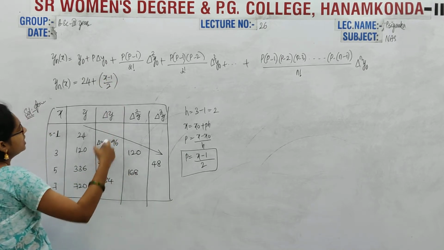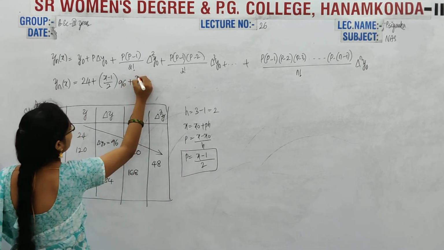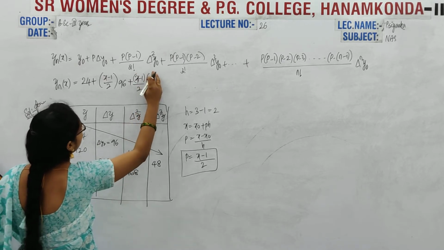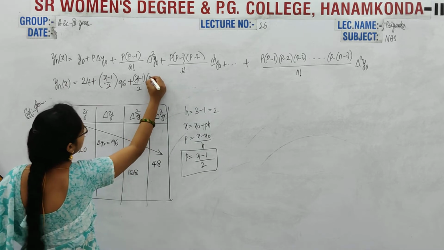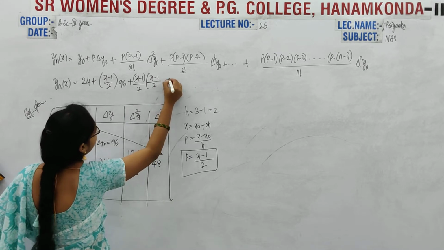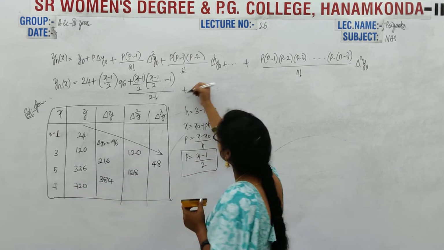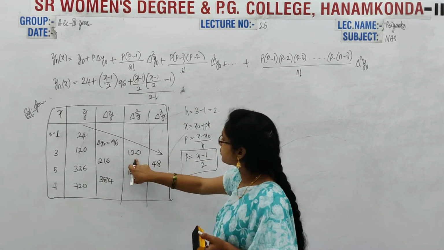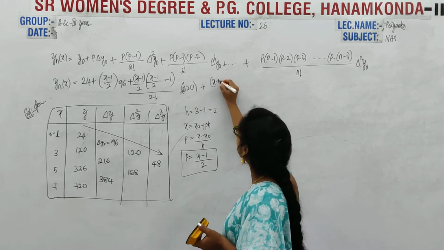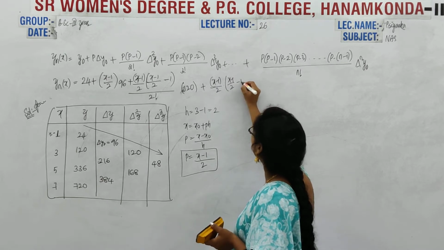Del y naught is 96, plus p into (p minus 1) by 2 factorial, where p is (x minus 1) by 2 and p minus 1 is (x minus 1) by 2 minus 1.